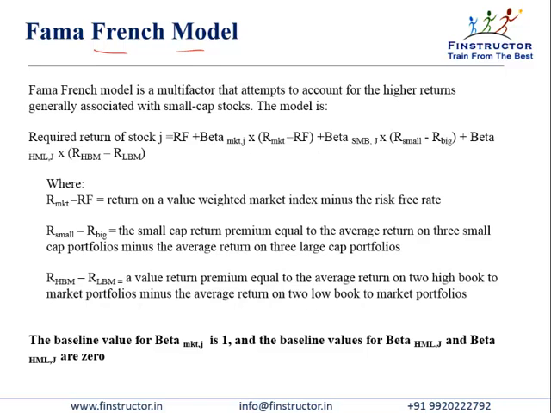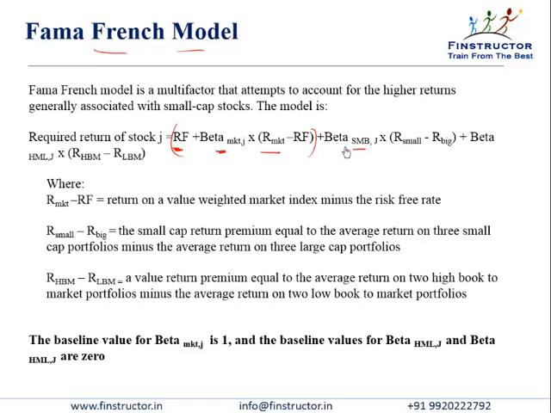The Pharma French model says that the return on a particular stock is calculated as the risk-free rate plus beta times RM minus RF. So up till here, it is the same as the CAPM. After which, the Pharma French model says that the risk premium also depends on whether the company is small or big.